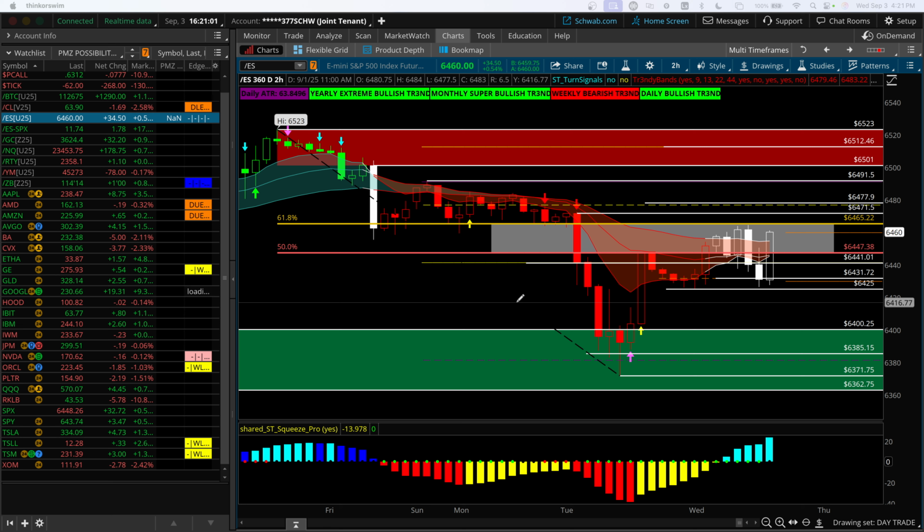So nice trade to the downside yesterday from the PMZ, and then again a nice trade from this buy zone or the target to the downside yesterday back up to the PMZ yesterday.